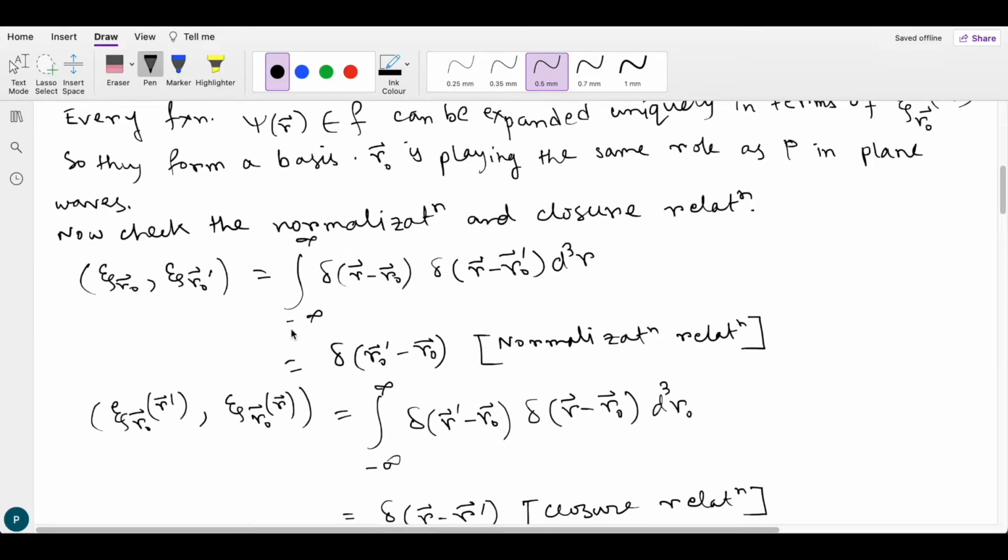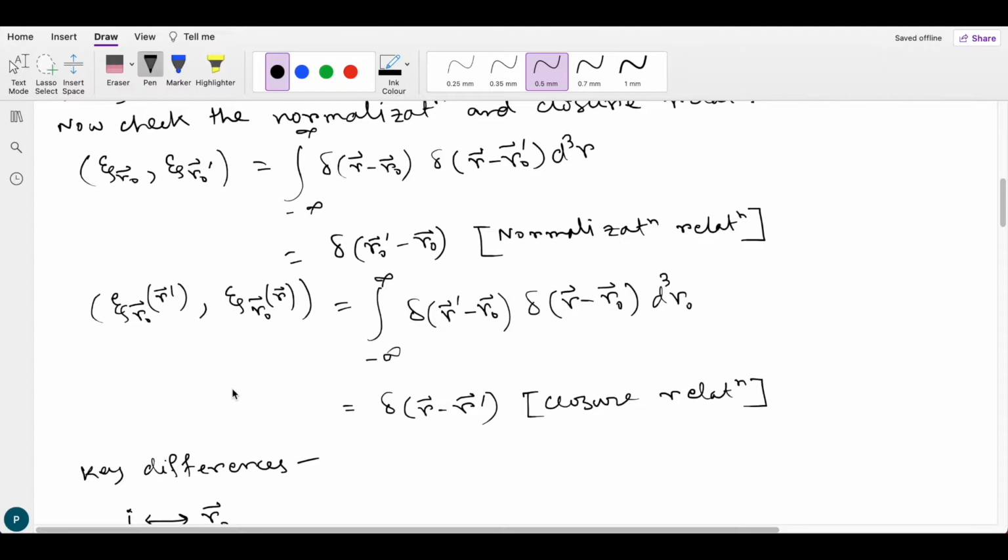Now check the normalization and closure relation. The scalar product of psi r naught with psi r naught prime is delta of r naught prime minus r naught, which is the normalization condition, and we have already seen in the previous class on plane waves that the normalization condition for a continuous basis changes to the Dirac delta function instead of the Kronecker delta function.